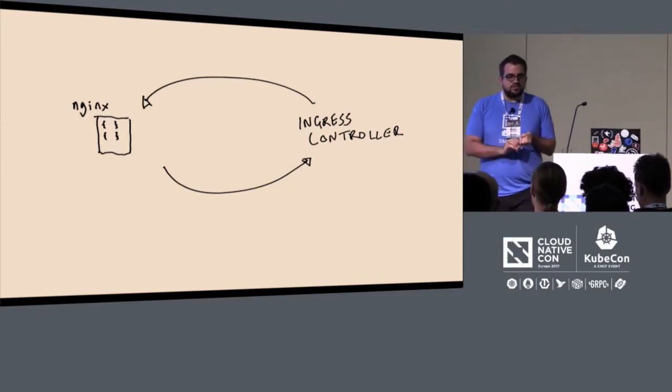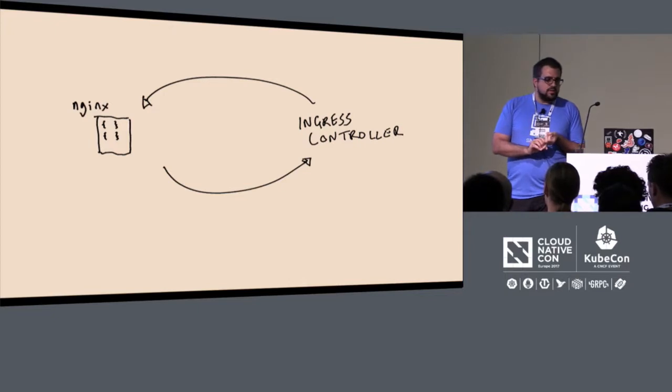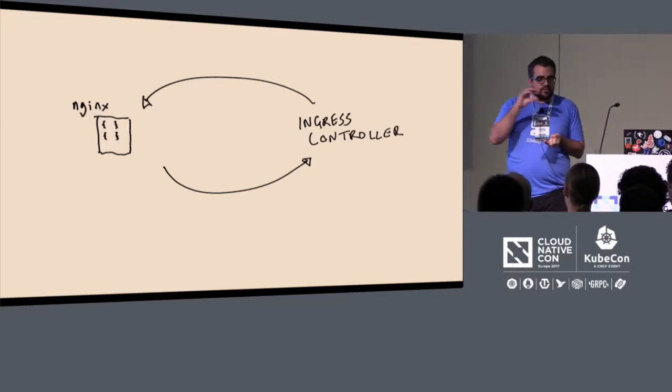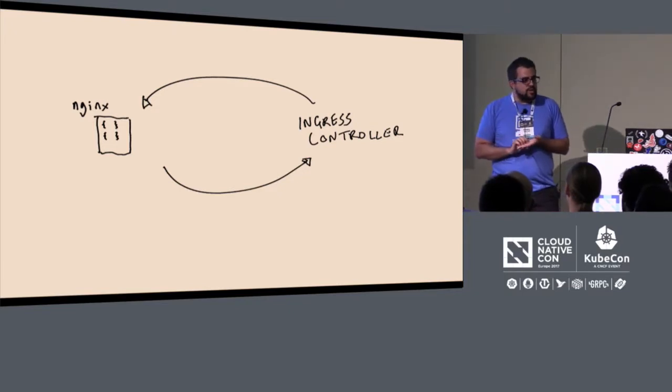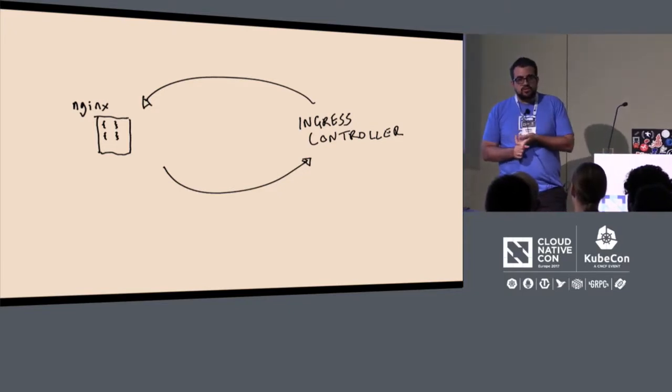It's like server host name pr6 dot, that really long host name, and any other path setup that you have, and then it points to the back end, which is the Kubernetes service it's supposed to talk to.